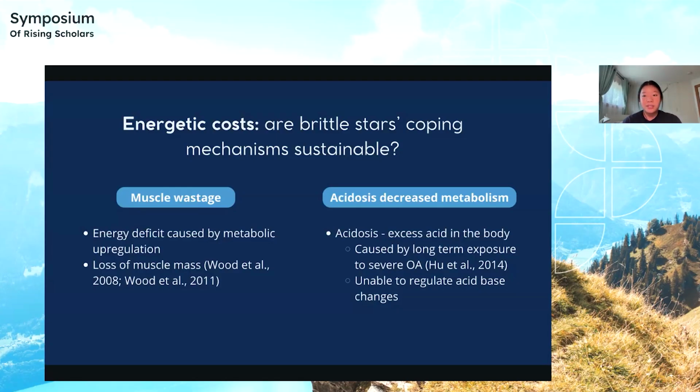Acidosis also induced decreased metabolism in certain cases. Acidosis occurs when there's an excess of acid in the body of the organism, and this was found to be caused by longer-term exposure to more severe levels of acidification, and brittle stars were unable to regulate the acid-base changes.